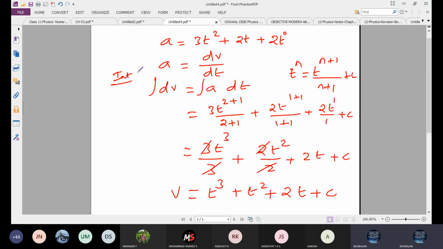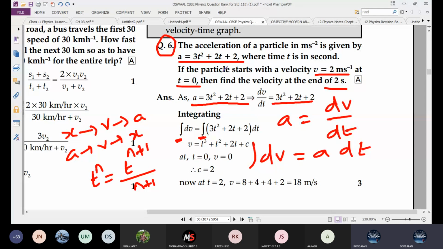I can refer to the question. If the particle starts with a velocity v equal to 2 meter per second at t equal to 0 seconds, find the final velocity at the end of 2 seconds.